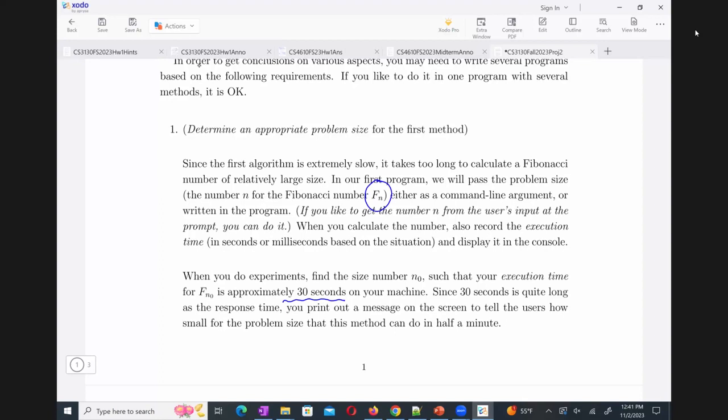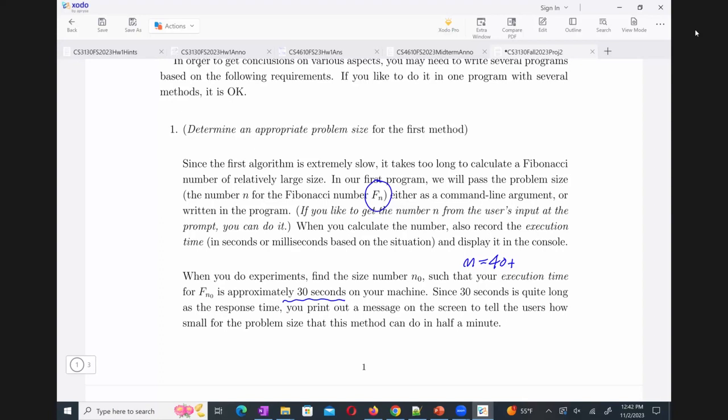You can try n equals 40 something, a little larger than 40. You will see the waiting time is very long.